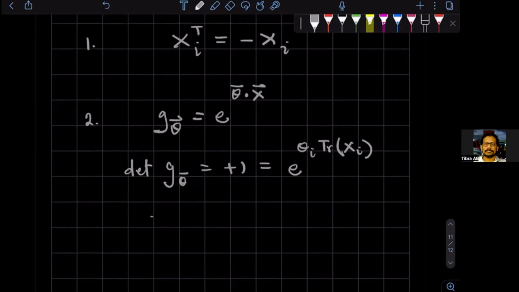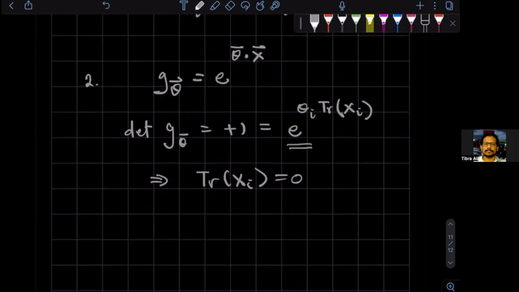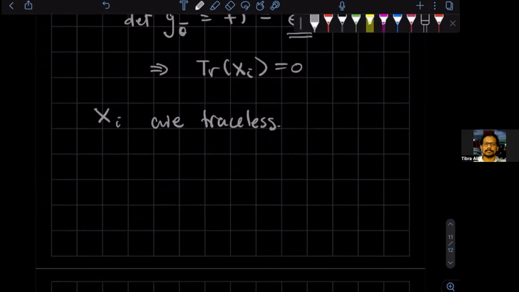So that means that the trace of the generators must be 0, so that this thing is 1. So we see that the xi are traceless. So these are the two properties of the generators of SO3.